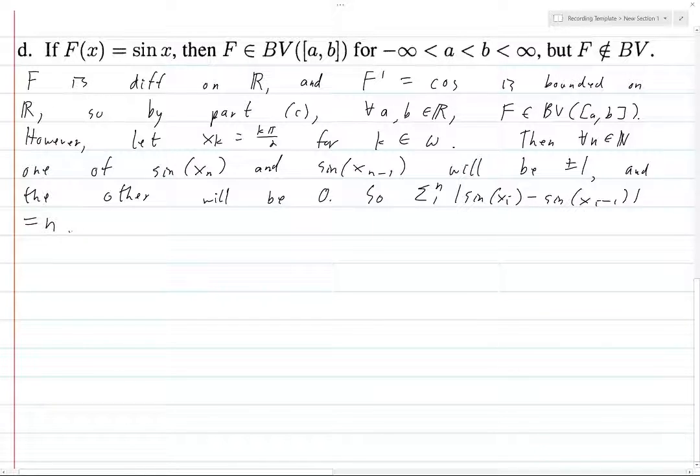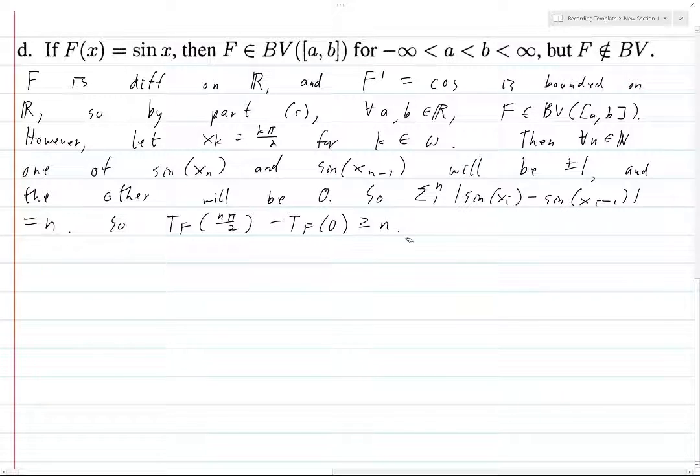And so this means that Tf of n pi over 2 minus Tf of 0 is just a supremum over all such sums of this form, and so it's certainly going to be greater than or equal to n.